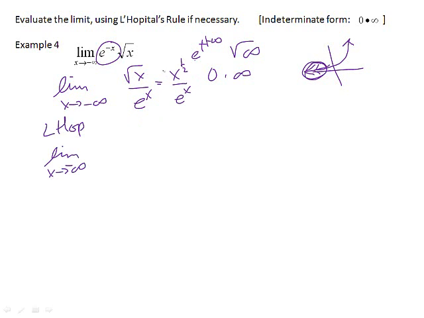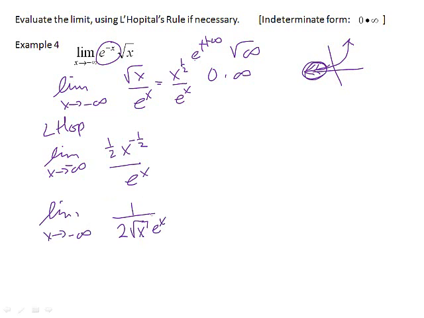So what's the derivative of the top? 1/2 x to the negative 1/2. Good. And the derivative of the bottom? e to the negative x. All right. I'm going to clean it up before I try to sub anything in. So the limit as x approaches negative infinity, the 1 is going to stay upstairs, and 2 square root of x times e to the x is downstairs. Now I'm going to sub in.